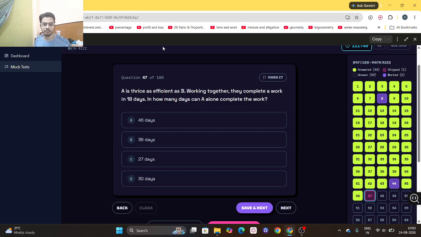A is thrice as efficient as B. Working together, they complete a work in 18 days. In how many days can A alone complete the work? A is thrice as efficient as B. So B in one day can do X units, and A in one day can do 3X units.